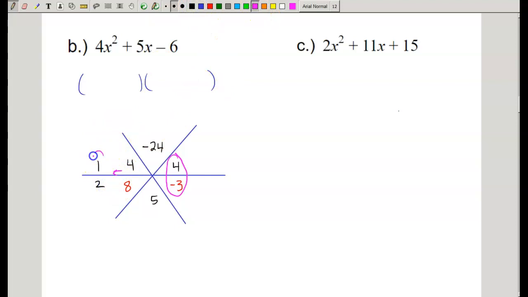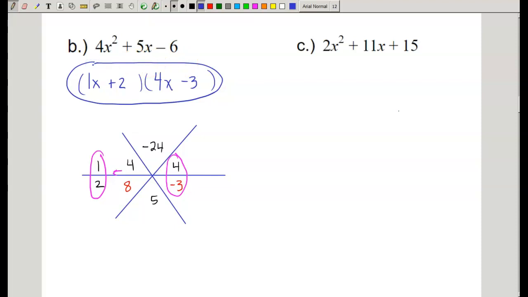So that's now reduced, and now I can circle that column. There's my reduced column, and so that's my answer. I'm going to go ahead and put it in the parentheses. I have a 1 and a 2, so that's going to be 1x plus 2, and over here I have a 4 and a -3, so a 4x minus 3, and there's my answer for this one.